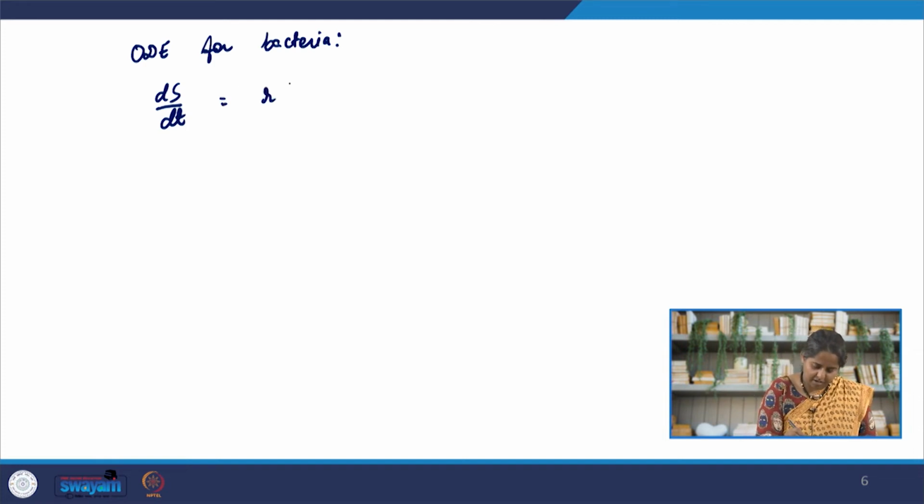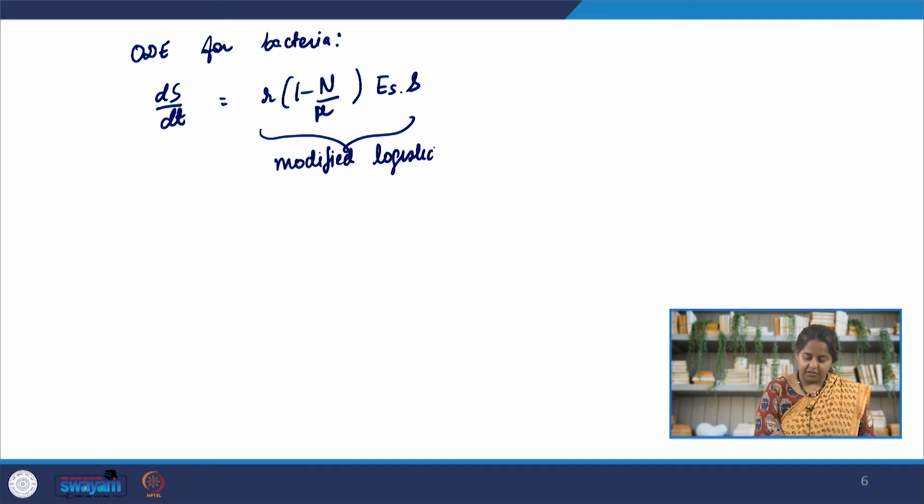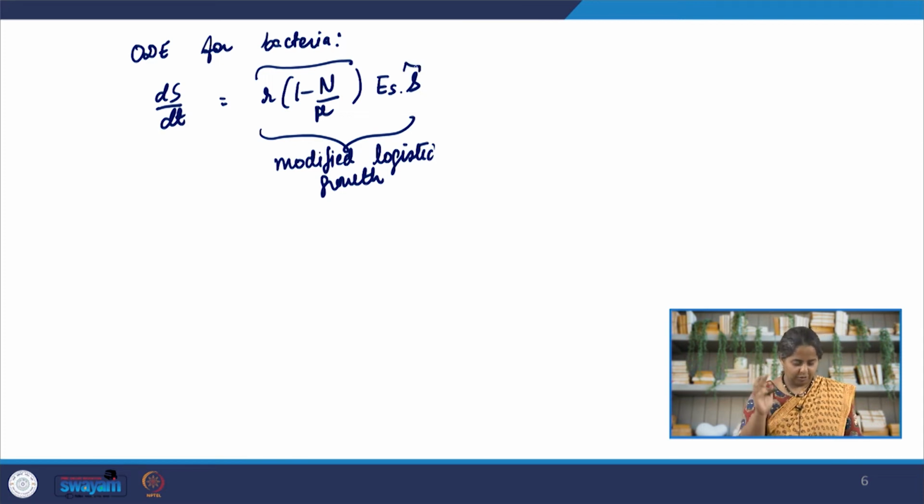So R 1 minus n by u, this sort of reminds you of logistic growth, yeah? Well, ES S, this is where Hill modification comes in. But let me just clarify, this is modified logistic growth. So this part should sort of resemble the logistic growth in your memory.